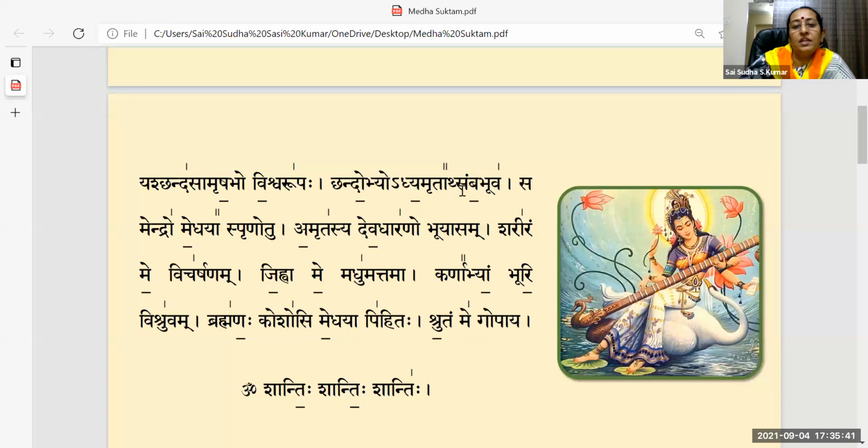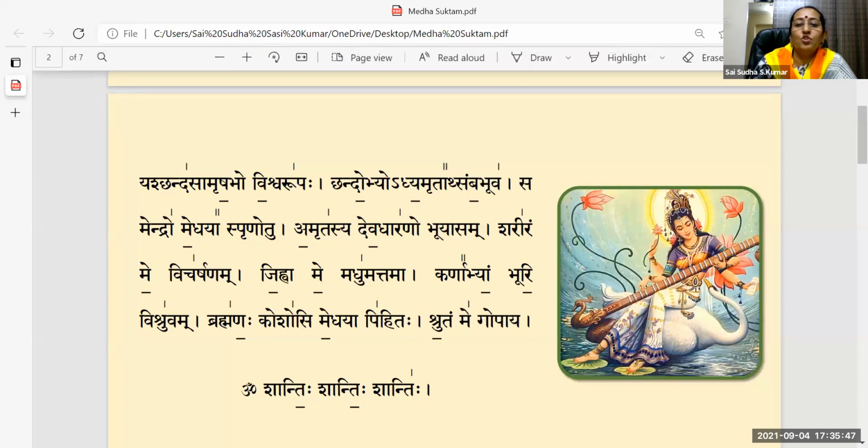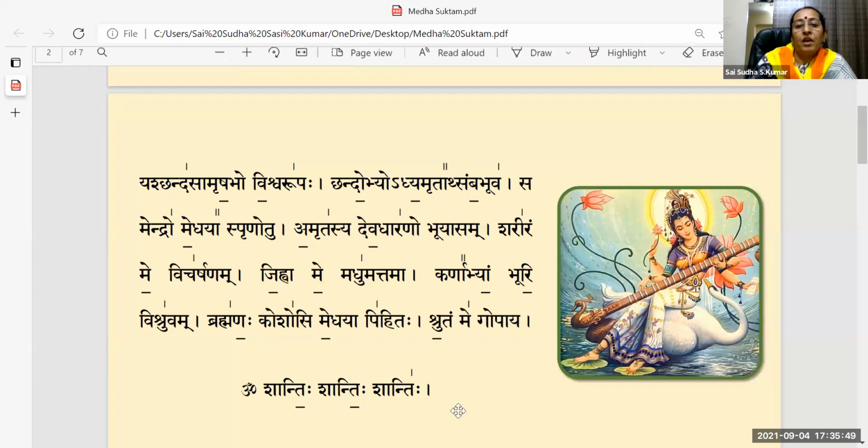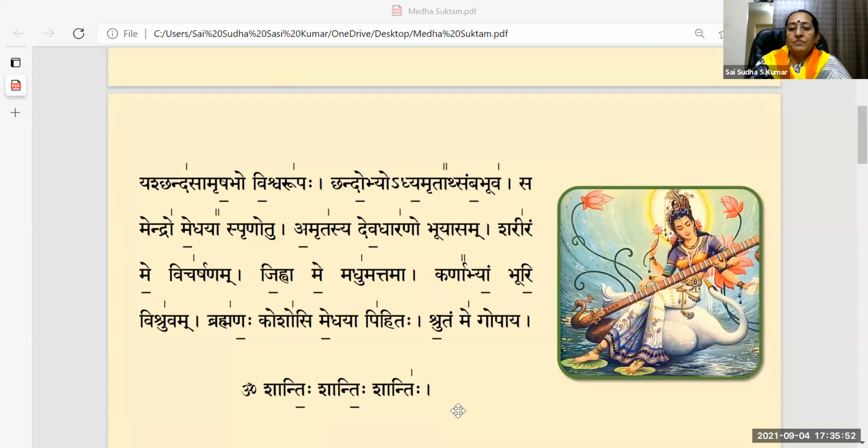And then sambabhuva, here it is sam. There is an anuswara. Last two times we have seen the anuswara rules. Now here in this case after the sam we have ba. So what will be the nasal sound?